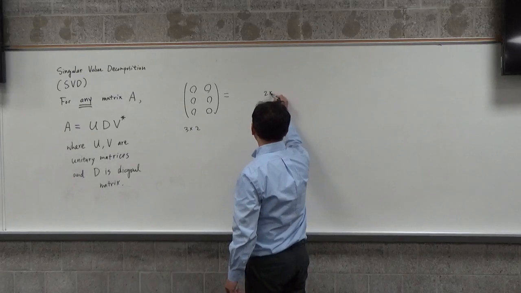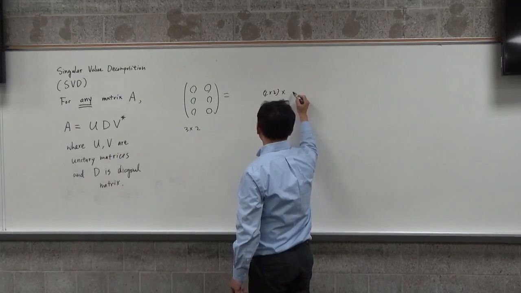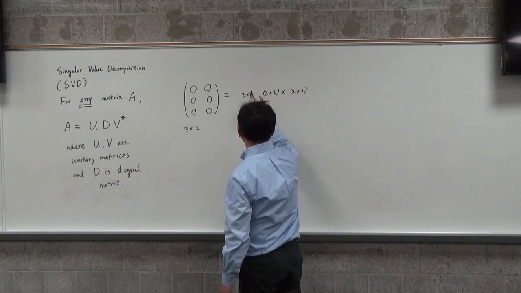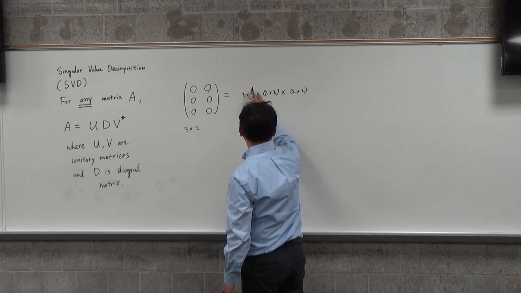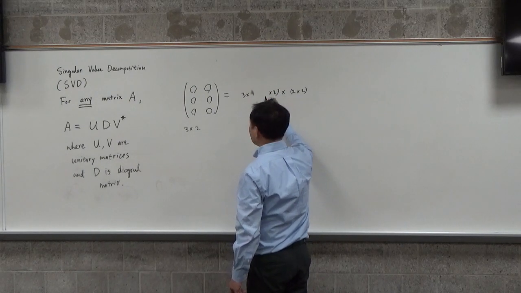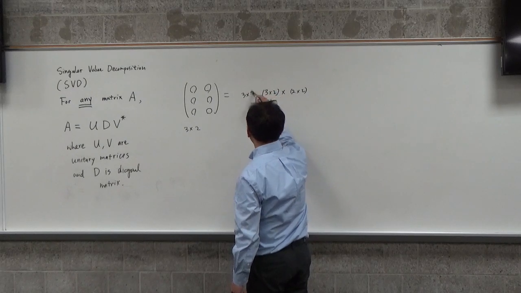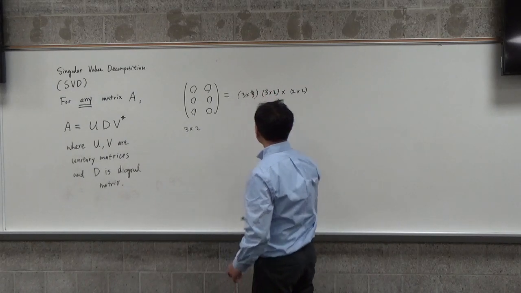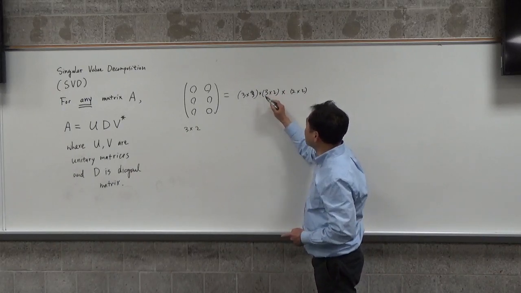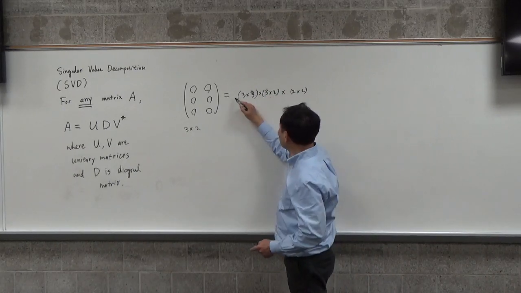Oh no, sorry, this should be 3 by 2. Okay. Yeah, 3 by 3 matrix, okay. So if you have 3 by 3, 3 by 2, 3 by 2, 2 by 2, then matrix multiplication goes like this.